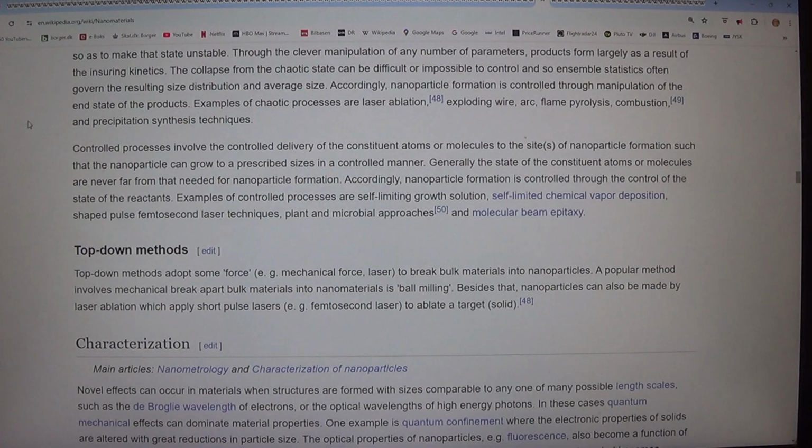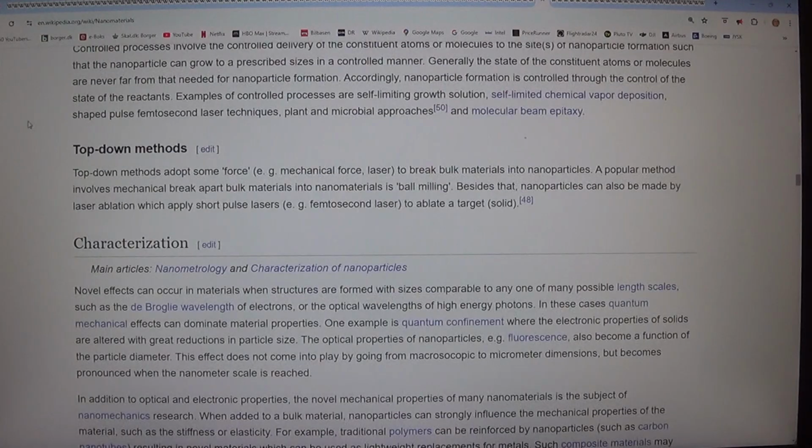Controlled processes involve the controlled delivery of the constituent atoms or molecules to the site of nanoparticle formation such that the nanoparticle can grow to prescribed sizes in a controlled manner. Generally the state of the constituent atoms or molecules is never far from that needed for nanoparticle formation.